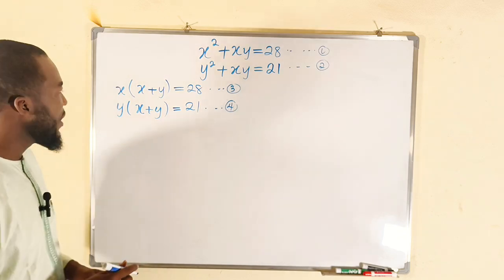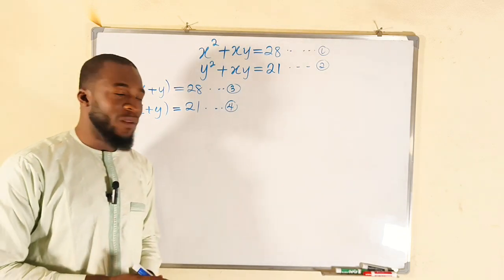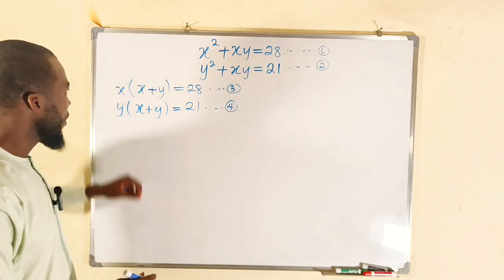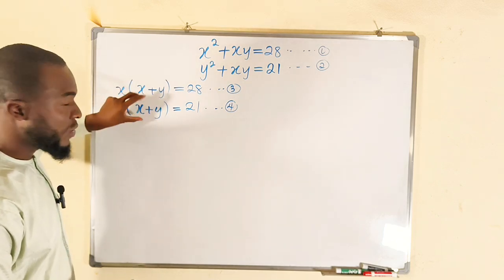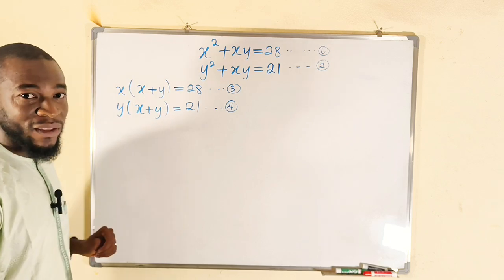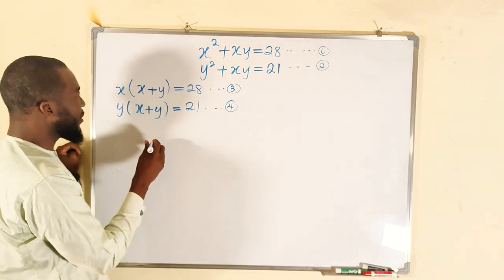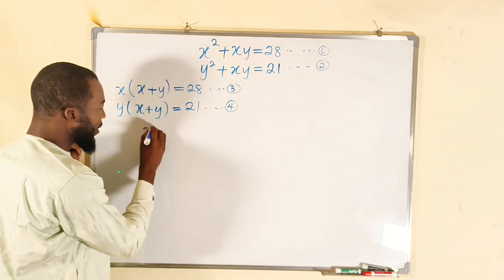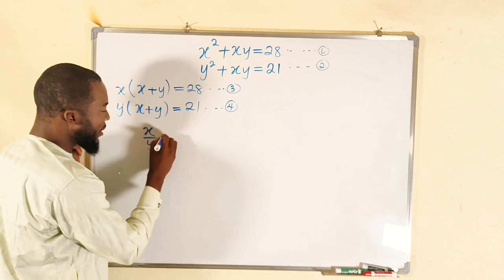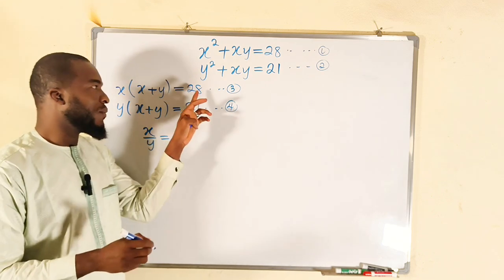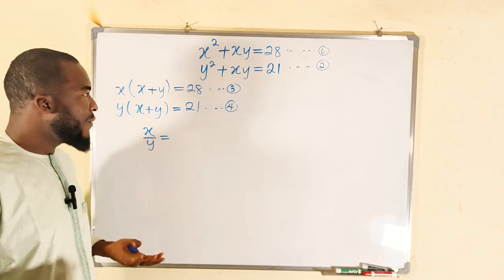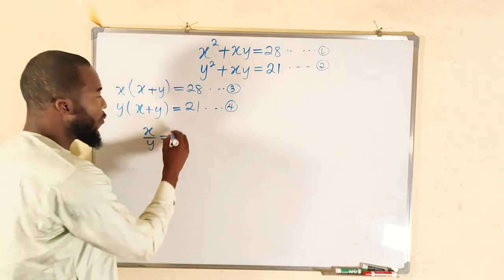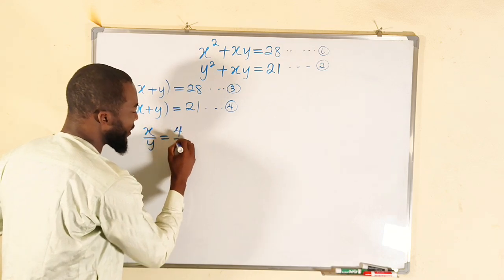What I will be doing here is to divide equation number 3 by equation number 4. If I take this and divide by this, the common factors will cancel, leaving only x divided by y. On the other side, we have 28 divided by 21, which we can reduce to the lowest term as 4 divided by 3. Why?